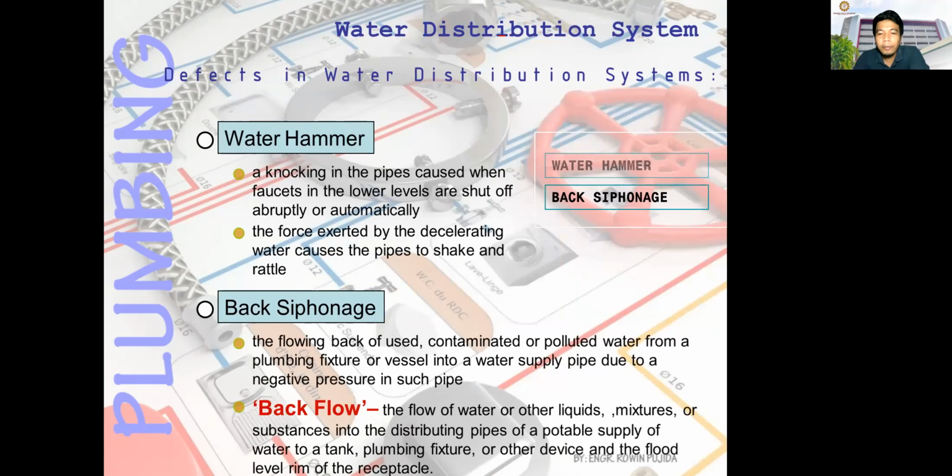Next is backflow, the flow of water or other fluids, mixtures, or substances into the distributing pipe of a potable supply of water from a tank, plumbing fixture, or other device, at the flood level rim of the receptacle.